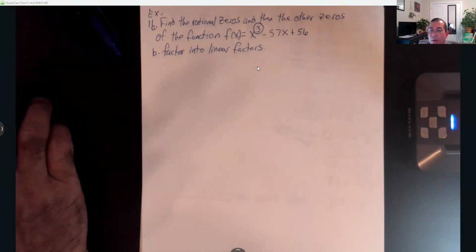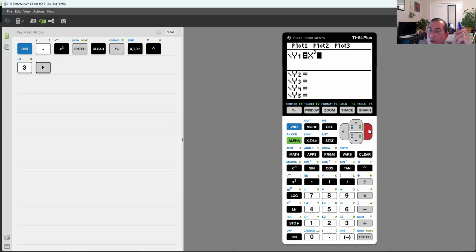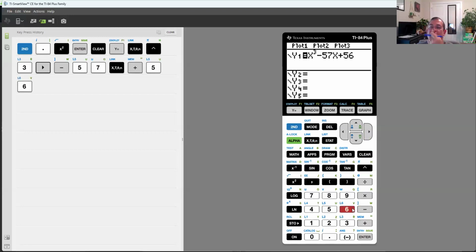So y'all, I'm going to go to y equals here. My function was x to the third, so x exponent 3, arrow down, minus 57x plus 56. Now we just want to look at the graph and see if we can tell where this thing is crossing that x-axis.